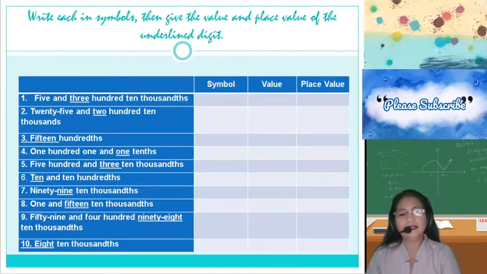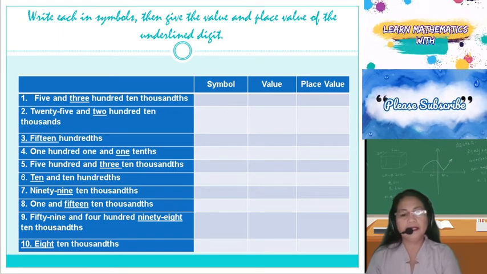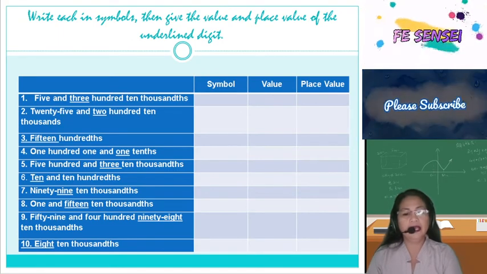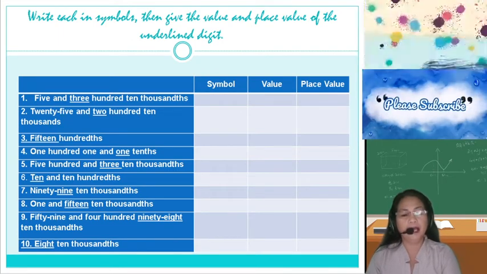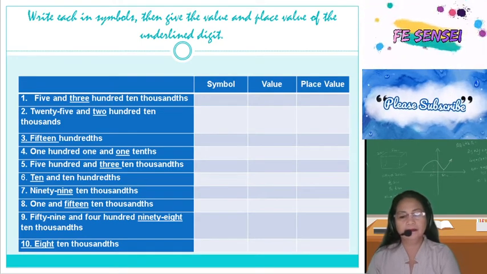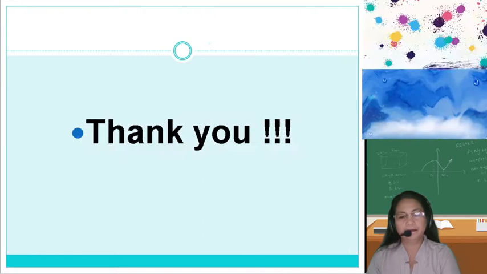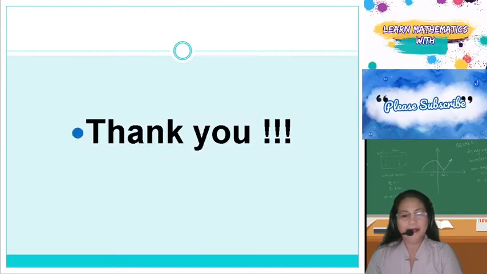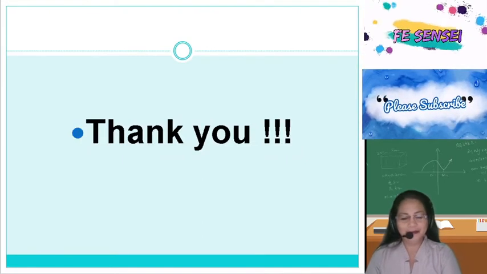Then write each in symbols, then give the value and place value of the underlined digit.